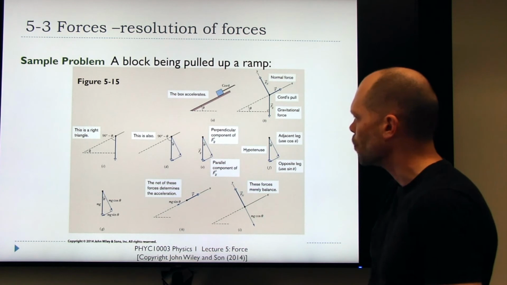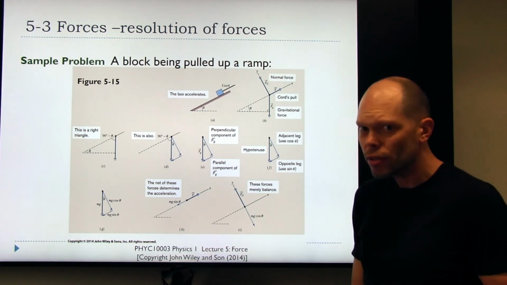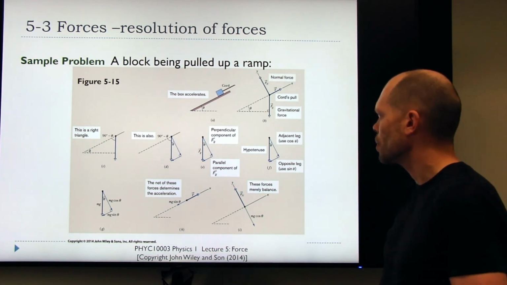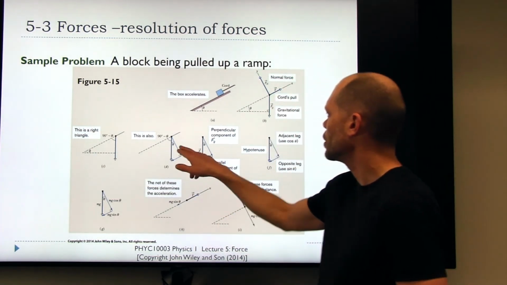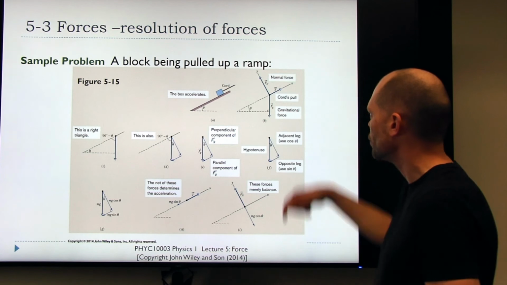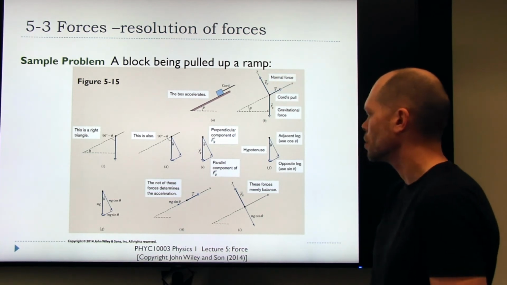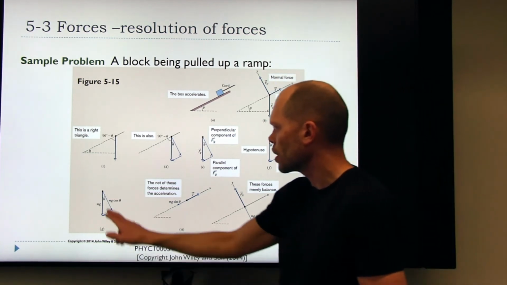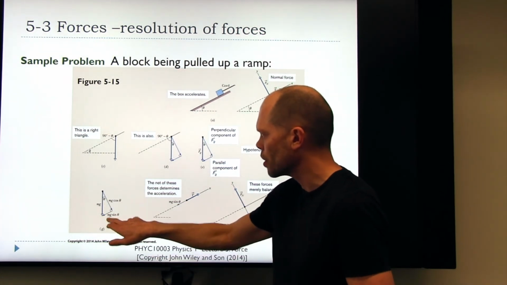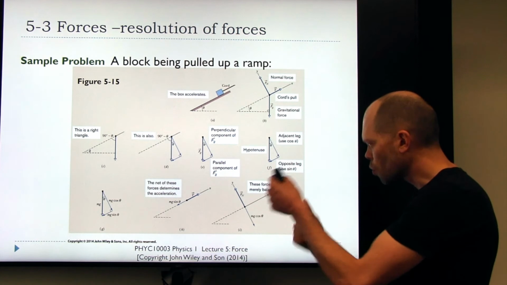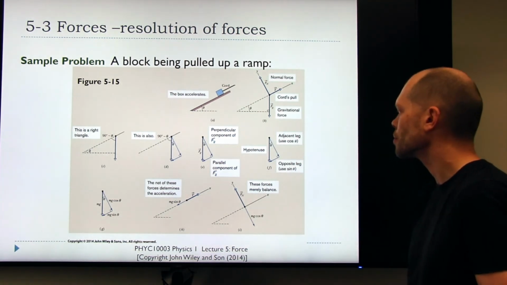So again, we have to break up its constituent components utilizing the Pythagorean theorem. So we've got to look at our different trig components here to figure out what these different forces are doing. So we've got mg here, we've got mg cosine theta there, and mg sine theta in that component. So we just have to work out those different components here.